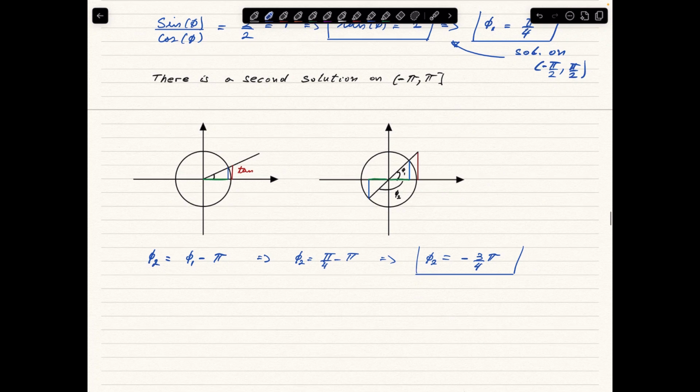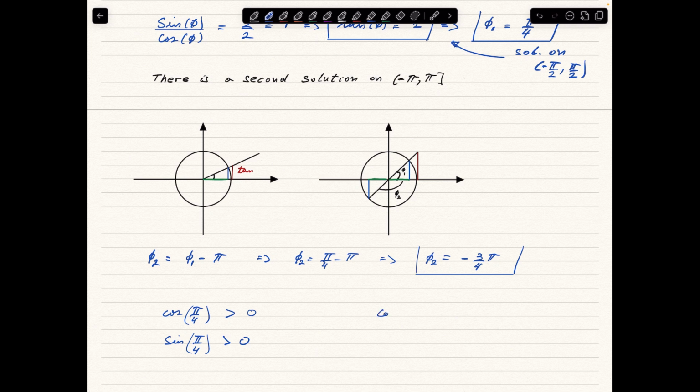And how do we decide which one is the solution? Well, we evaluate the sine and the cosine. So the cosine of pi over 4, whatever it is, is positive. And the sine of pi over 4 is positive, because they are here on this side, while the other two are negative.